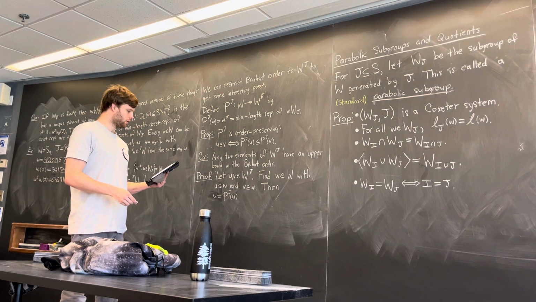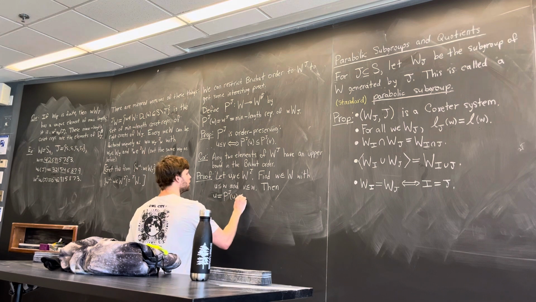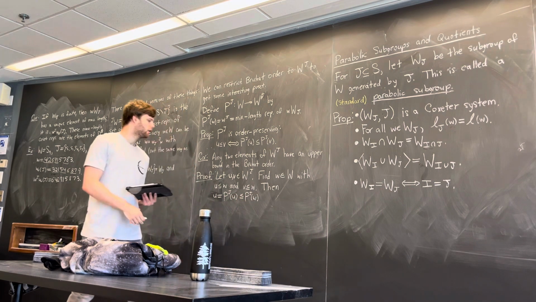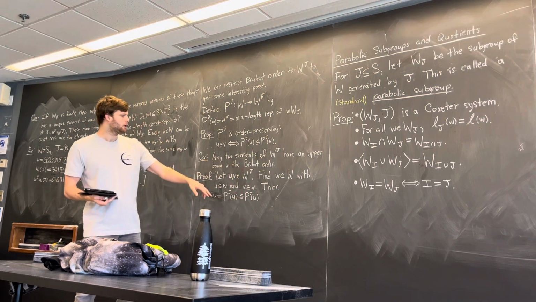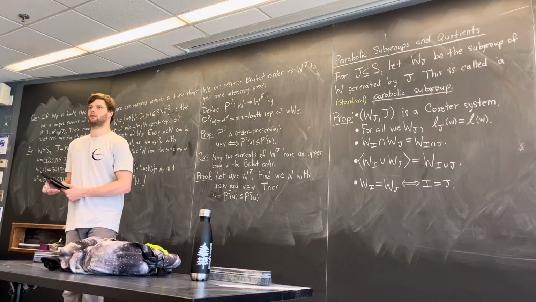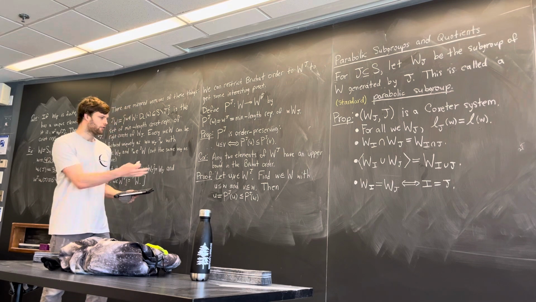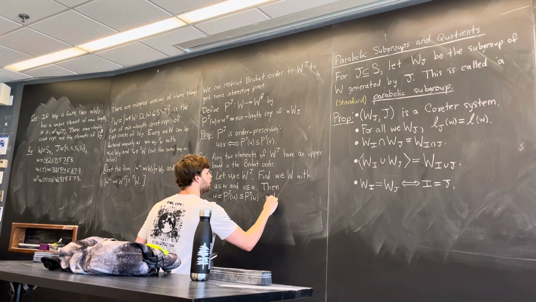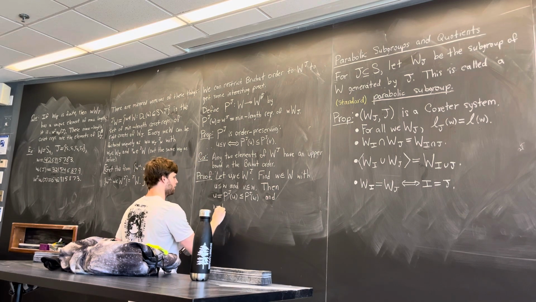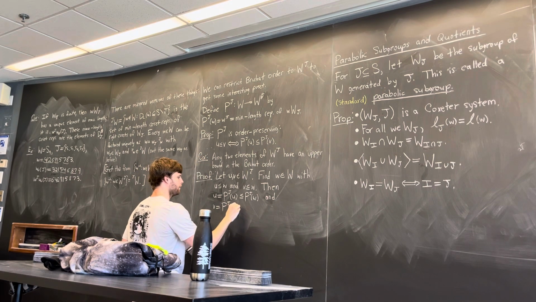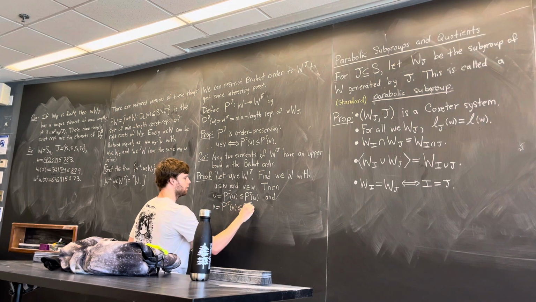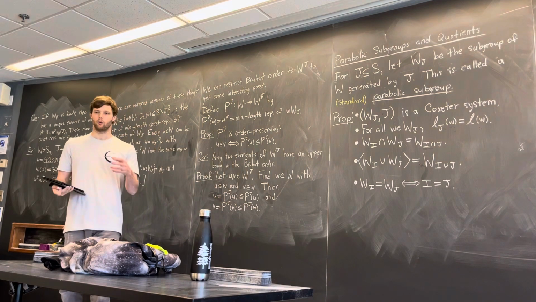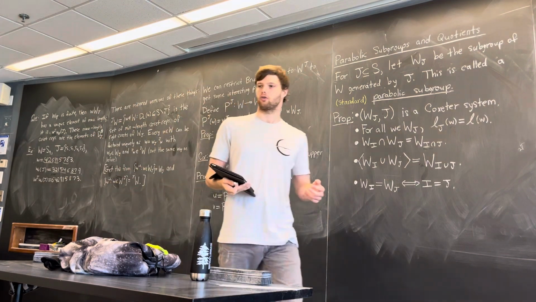And this is less than or equal to Pj of W because U is less than or equal to W, and the projection is order preserving. But then similarly, you can say the same thing for V. So that means that Pj of W is an upper bound for U and V within the parabolic quotient.